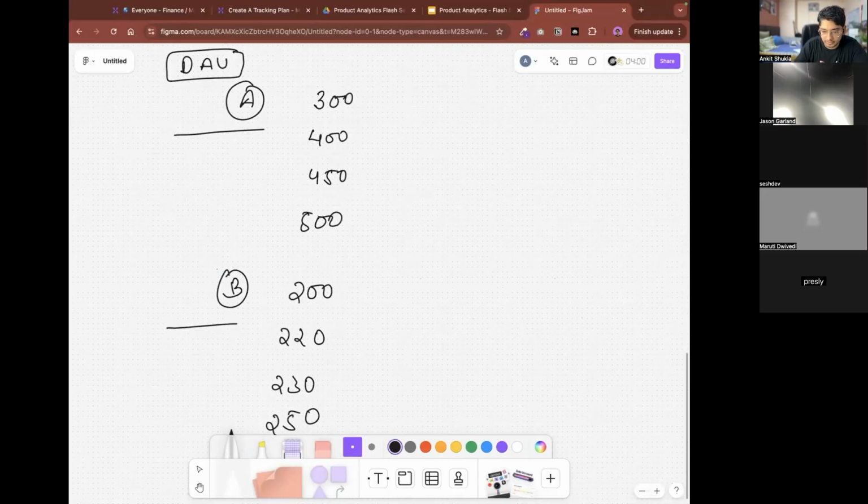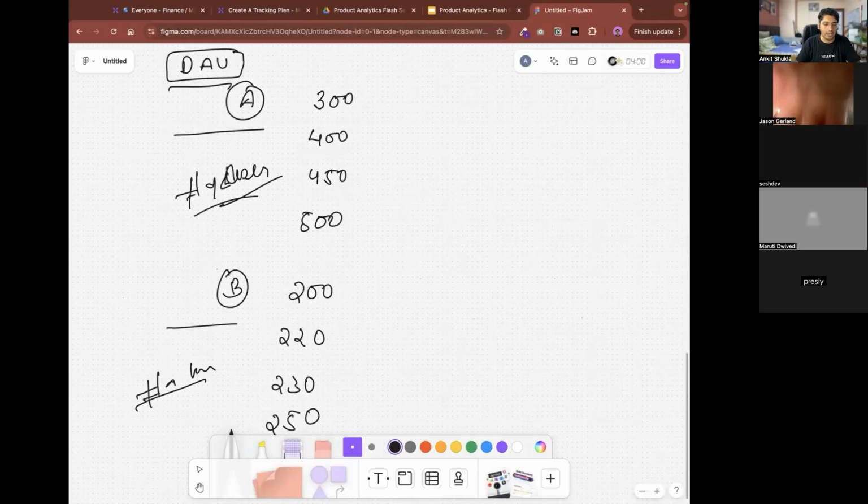Can you guys tell me which company is doing better? This is the number of users, which is daily active users. Tell me which company is doing better, guys. A or B?